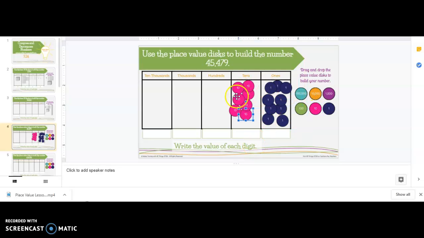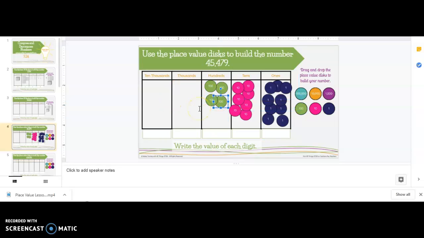So I moved over 7 of the tens discs. Okay, what about our hundreds? How many hundreds do we have? Good job. We have 4 hundreds. So I've moved over 4 hundreds.